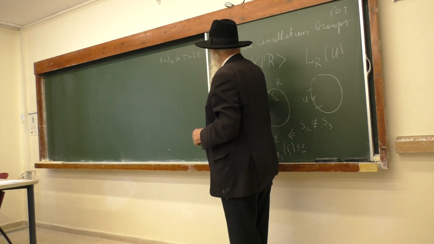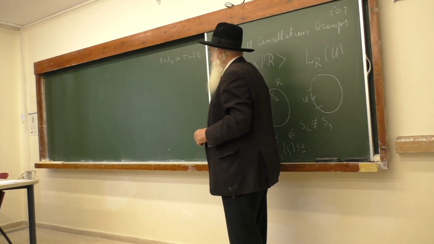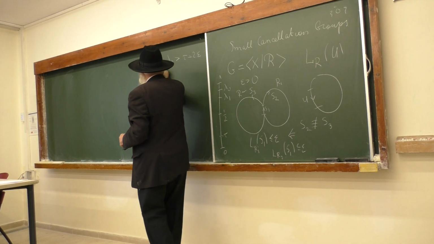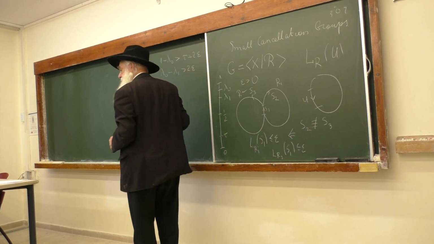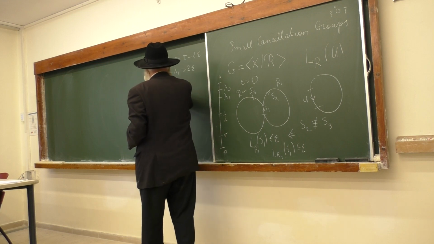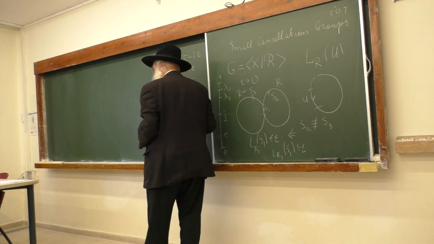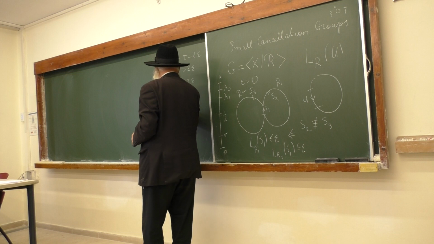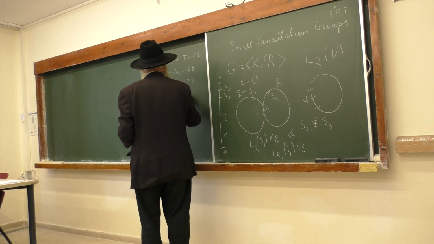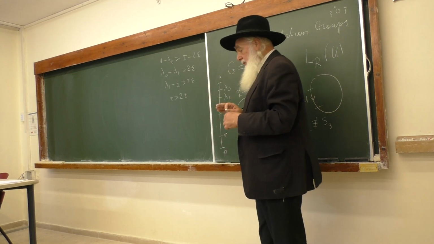So lambda 0 is far enough from 1. In the same way, lambda 1 minus lambda 0 is bigger than 2 epsilon, lambda 1 minus 1/2 is bigger than 2 epsilon, maybe much more. And tau is bigger than 2 epsilon, etc. So with all these constants set.